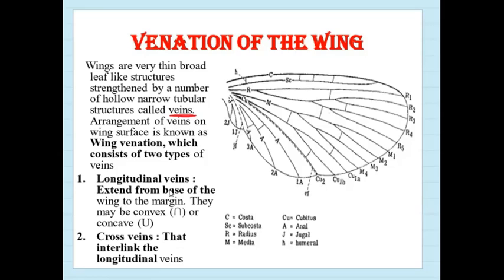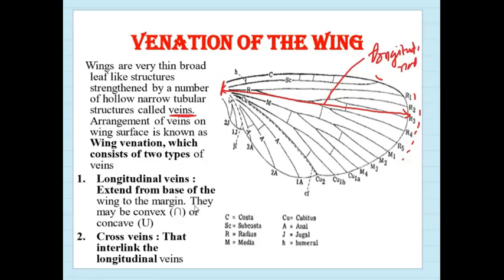First is longitudinal veins, extended from the base to the wing margin. This is the base, this is the margin. From base to margin, these are longitudinal veins.